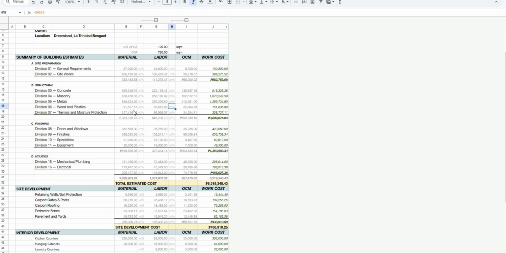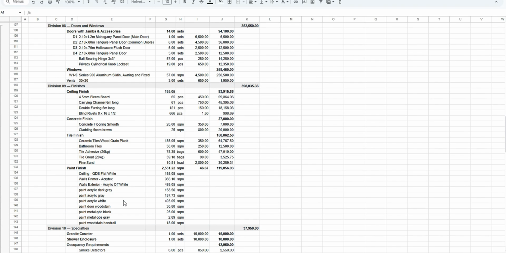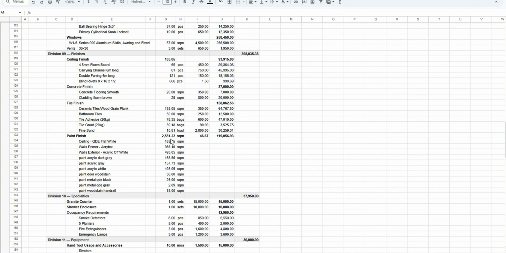For example, in finishes, we will go to the bill of materials and look for finishes way over down here, and say that our paints were based on the wall area and how many gallons. But if you see here, it's not actually broken down into the exact number of gallons, it's per square meter. That's why it's still not the most detailed yet.